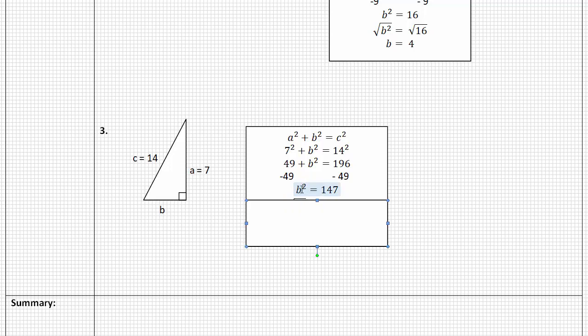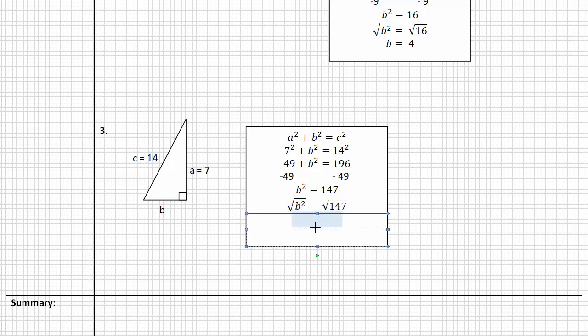Now that I need to undo the square of b, I'm going to take the square root of both sides. And as I work through, I'm looking at 147, and it doesn't look like a perfect square, because I know that 12 squared is 144, and this is just 3 more than that.